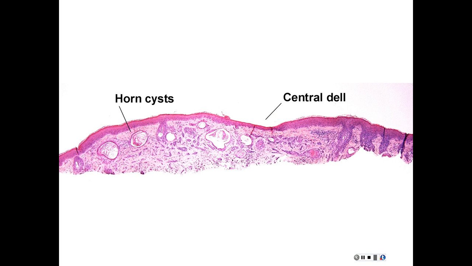This is the same patient. This looks a little more atrophic, kind of scarred down a little bit. Yeah, exactly. So like a DFSP. So very different morphologies.